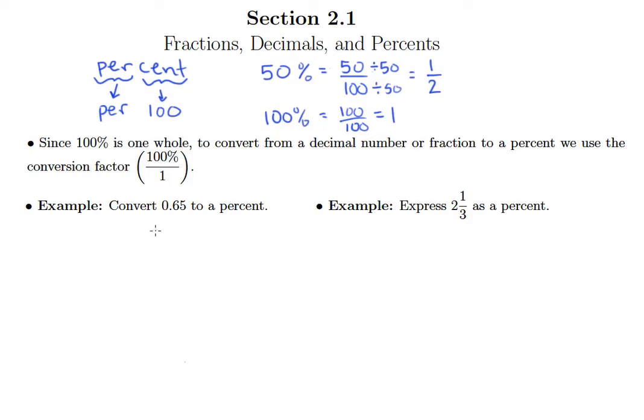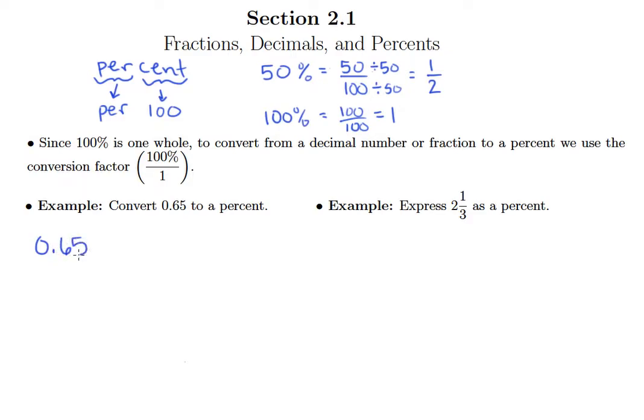So here we're going to take decimal numbers, fractions, and mixed numbers, and convert them into percents. And the technique we're going to use in this particular video is the same technique we used when doing unit conversion factors back in chapter 1.